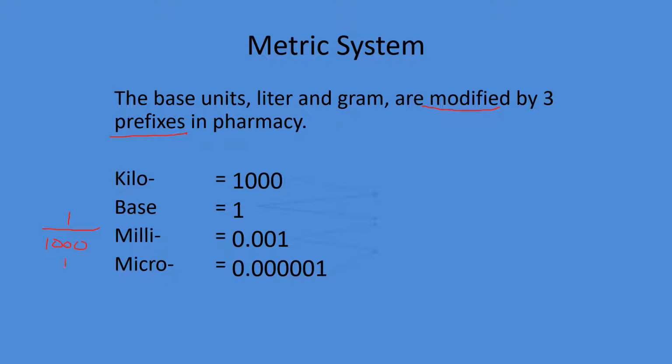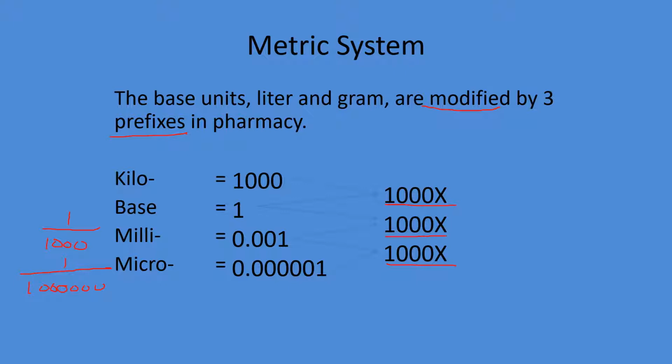Micro means 1/1,000,000th. Between 1 and 1,000, how many fold difference is that? 1,000-fold. Between 1 and 1/1,000, 1,000-fold. And between 1/1,000th and 1/1,000,000th, it's a 1,000-fold difference. So every step is a 1,000-fold difference.